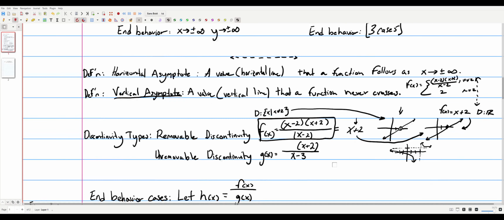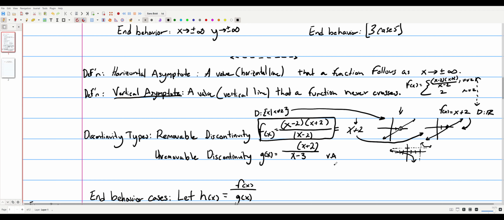However, if we're looking at g of x, which is x plus 2 over x minus 3, there's really nothing we can do to fill in the hole that is being created by x minus 3 because we can't cancel anything on the numerator to get rid of this problem in the denominator. And so when you have an unremovable discontinuity, this is when you end up with a vertical asymptote.